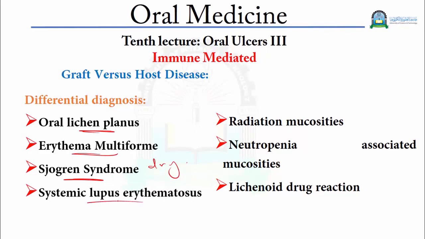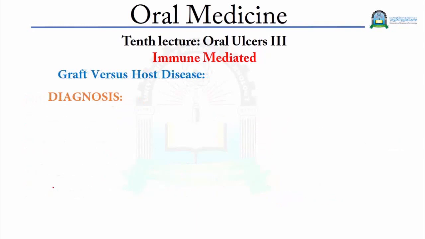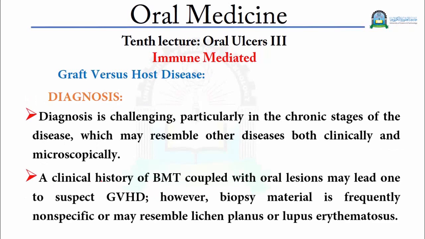Systemic lupus erythematosus can also be differentiated from graft-versus-host disease, as well as radiation mucositis, neutropenia-associated mucositis, and also lichenoid drug reactions. All these lesions clinically present similarly to graft-versus-host disease. So how can you diagnose graft-versus-host disease?